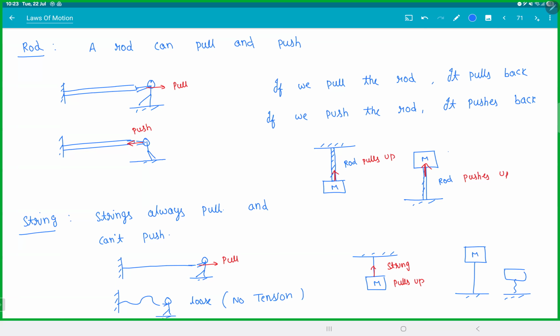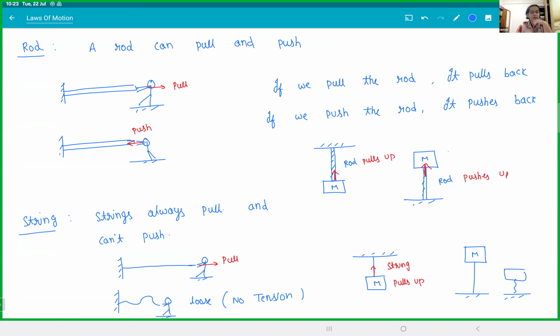Someone asked whether a string is a rigid body or not. See, the problem with that is, like I said, the distance between the two points should not change. That is the definition of a rigid body. Simple.